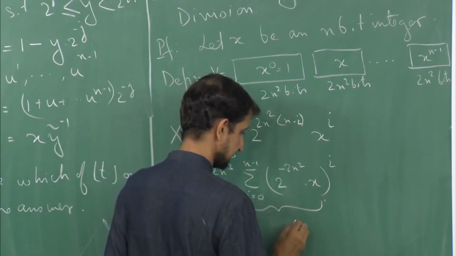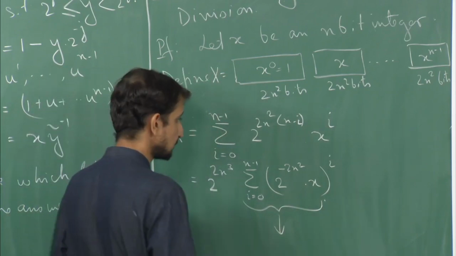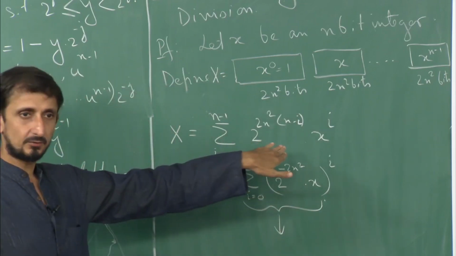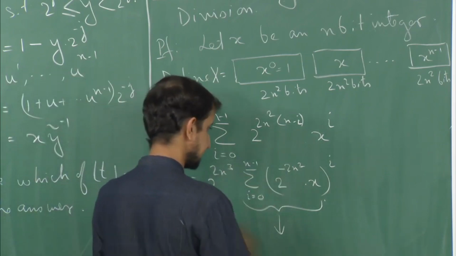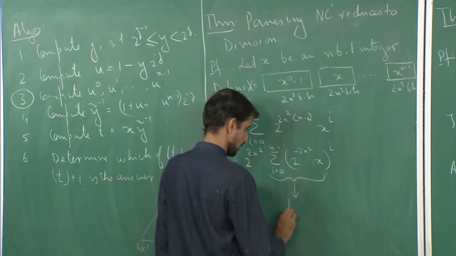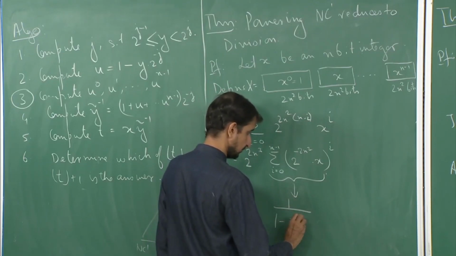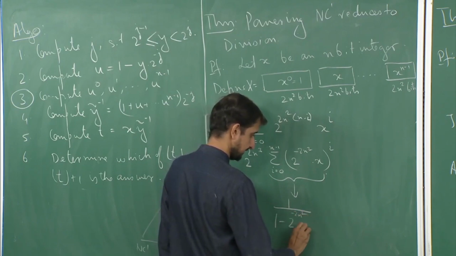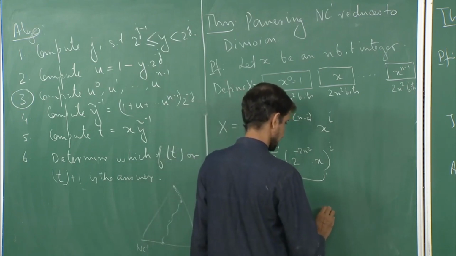As n tends to infinity, this is a geometric series, so this will go to 1 over 1 minus 2 to the power minus 2n square into x.